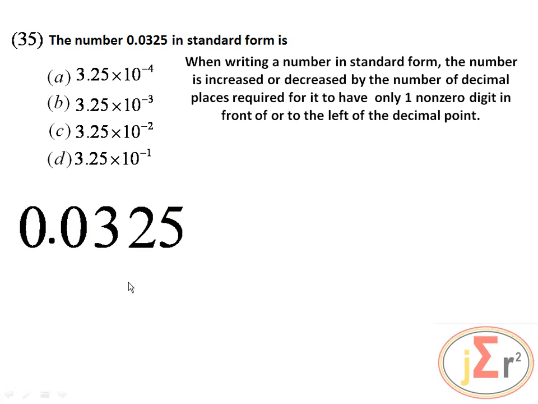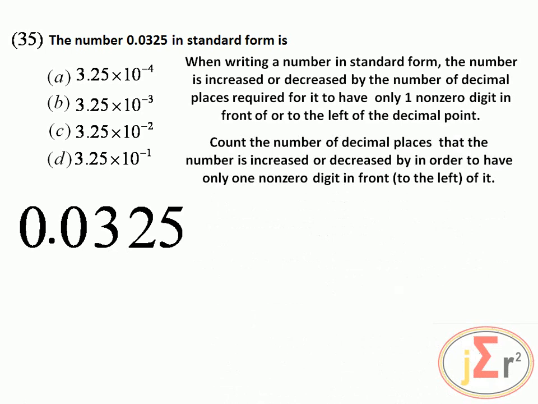So we are going to adjust this number, increasing or decreasing it by a particular power of 10 in order that we will have one non-zero digit. This first non-zero digit, the 3, needs to be alone to the left of the decimal point.